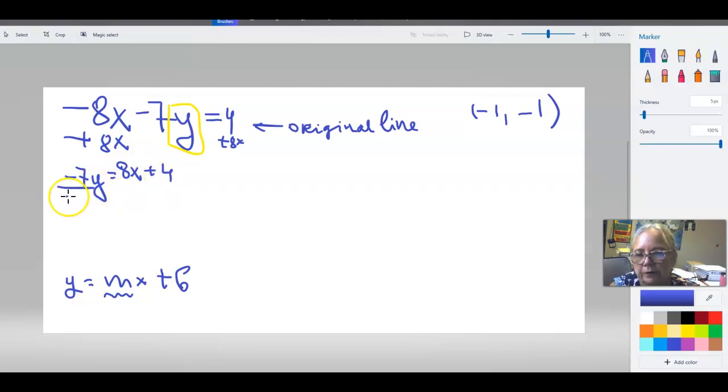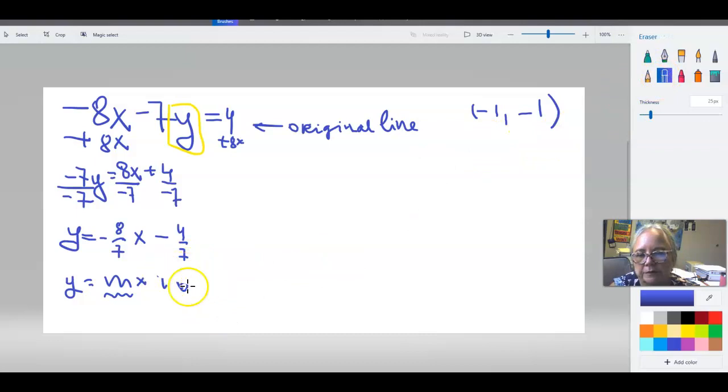Now we divide by -7. We divide everything in this equation. So here we have it, y equals -8/7 x, and that's your slope, minus 4/7. So we got the equation in the form y equals mx plus b.